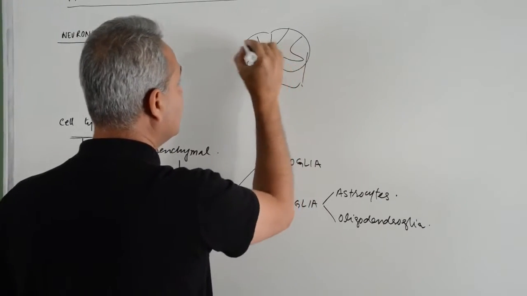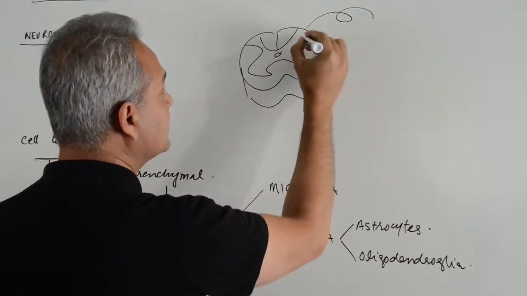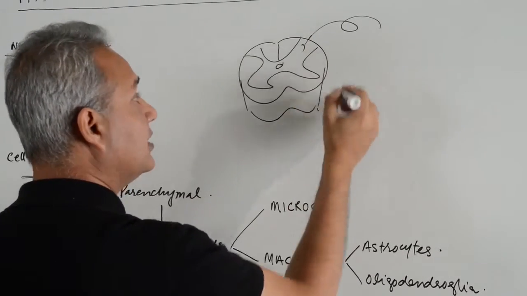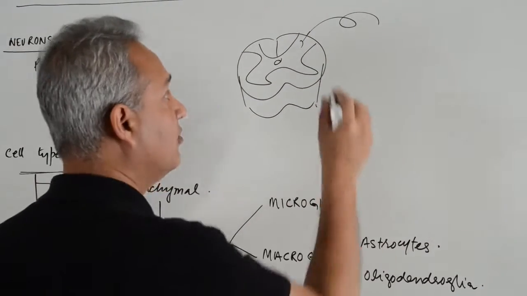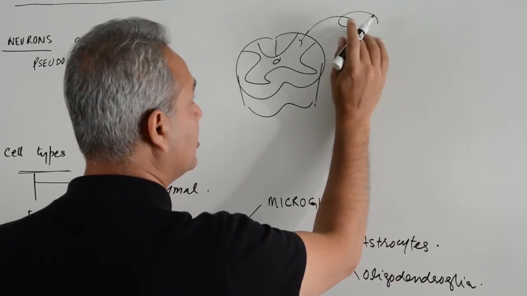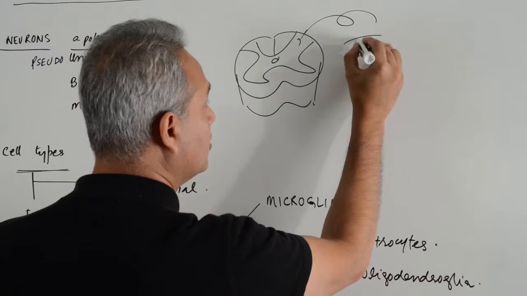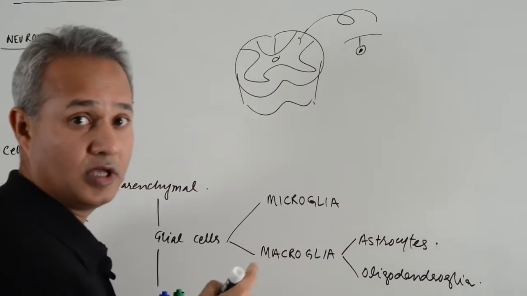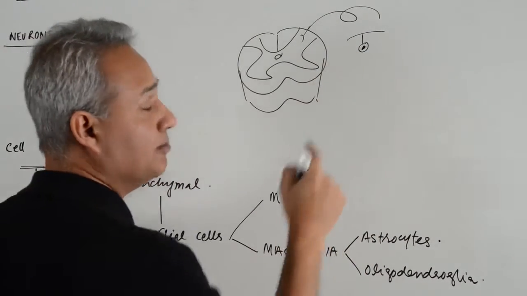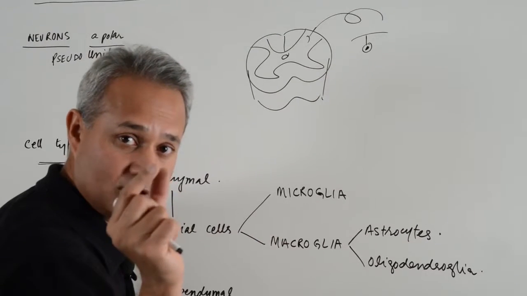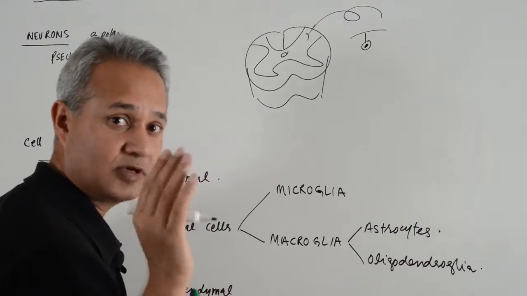These are the sensory cells that come into the spinal cord, the sensory nerve. Why are they called pseudo-unipolar? Because when you see them under the microscope, they look like they have one pole. However, they are actually bipolar, but their two poles have come together enough that they look like one pole.